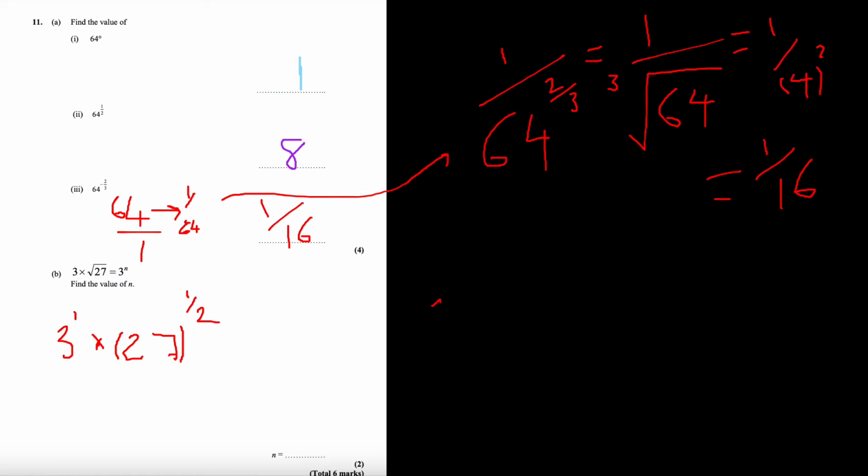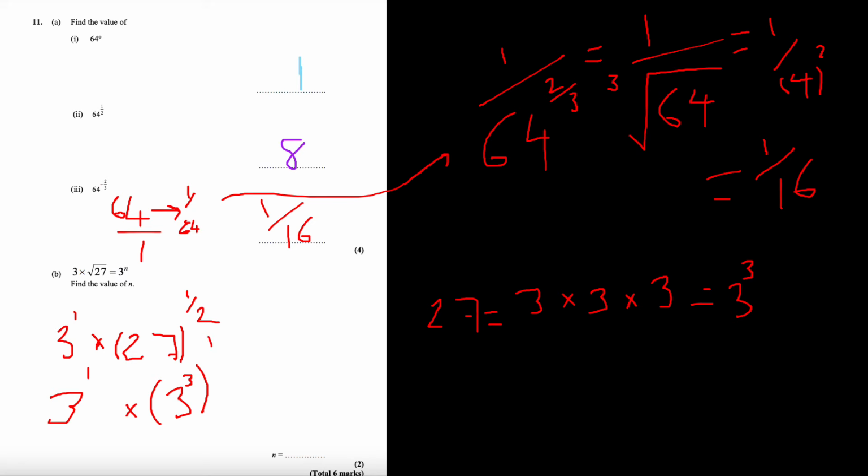Now 27 is actually 3 times 3 times 3. So we should recognize that 27 is the same as saying 3 to the power of 3 or 3 cubed. So I've got 3 to the power of 1 times 3 cubed to the power of a half. So hopefully you are with me so far.